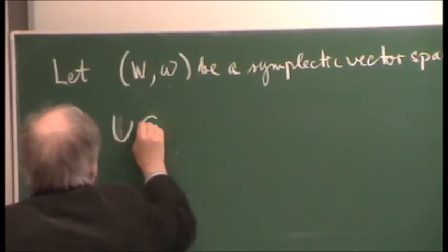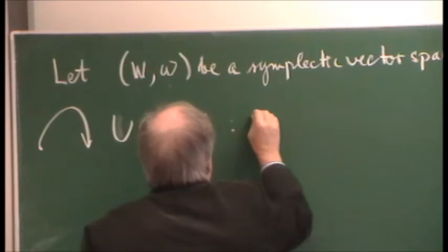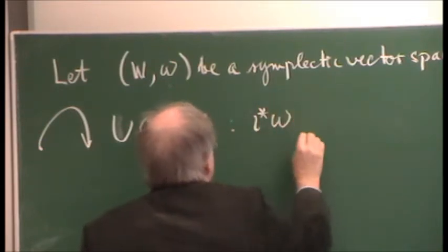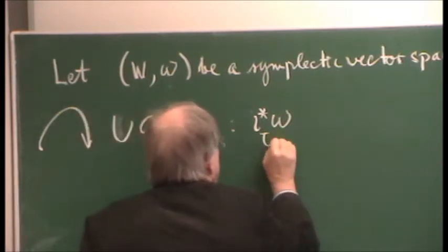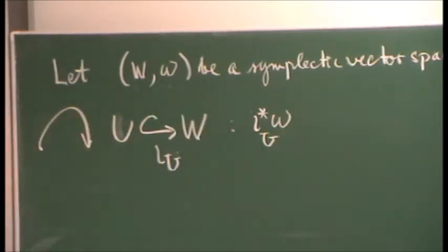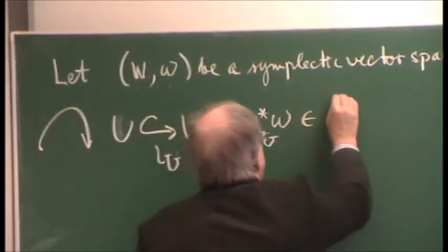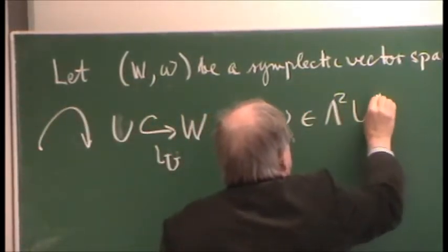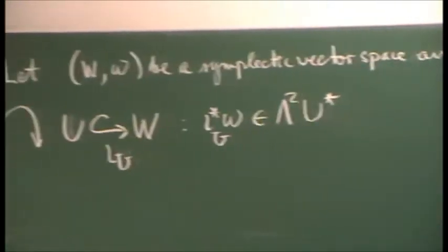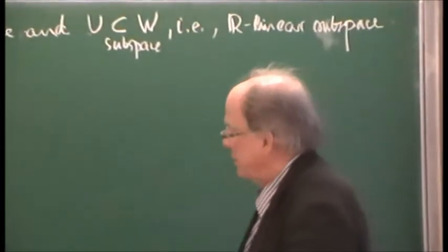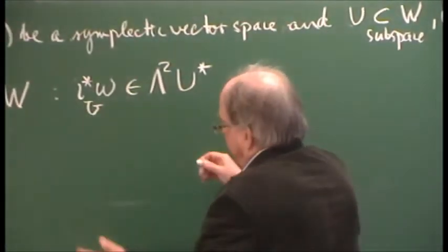So we have this U into W, call it iota, and then we look at the pullback of the form. Let's call this iota U. This is an alternating bilinear form on U. You can think of it as a restriction if you wish, but you're pulling it back to the subspace. And you ask, what about degeneracy?